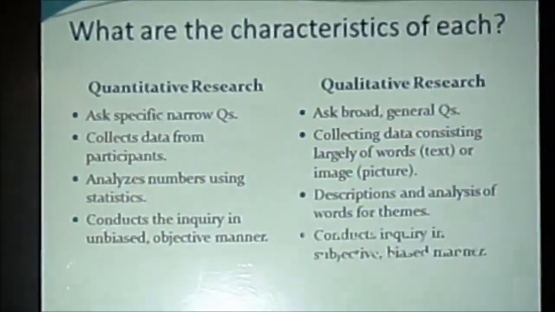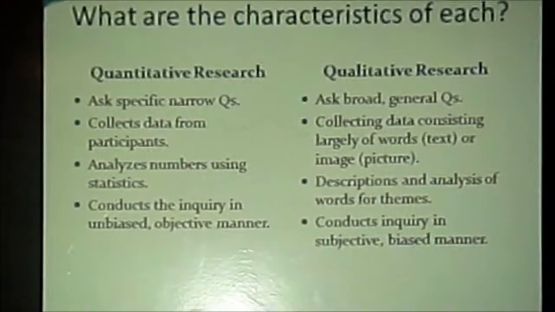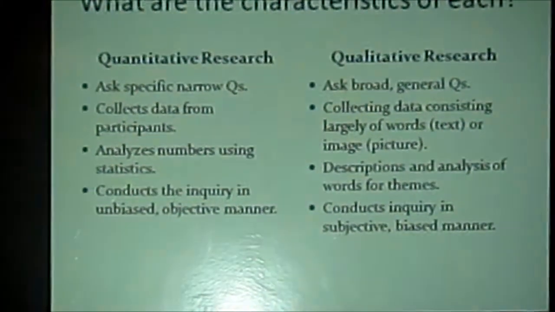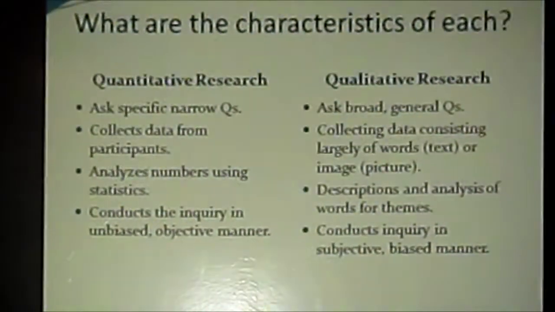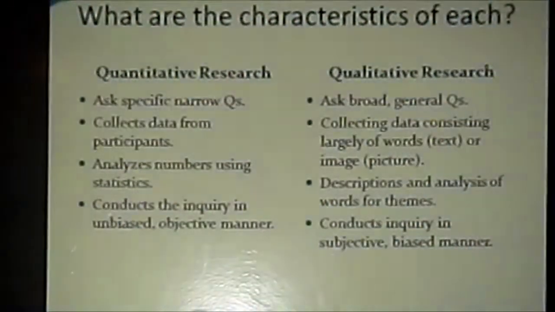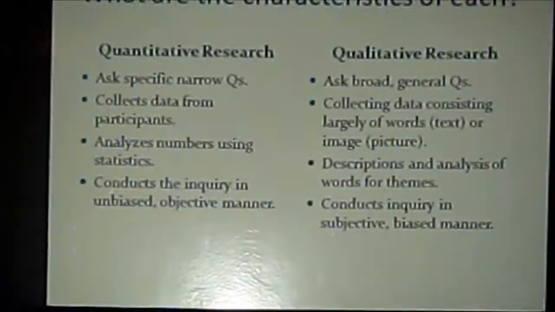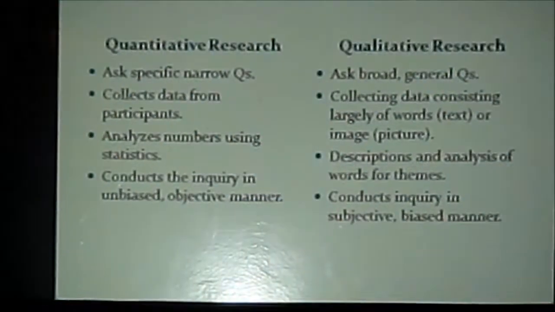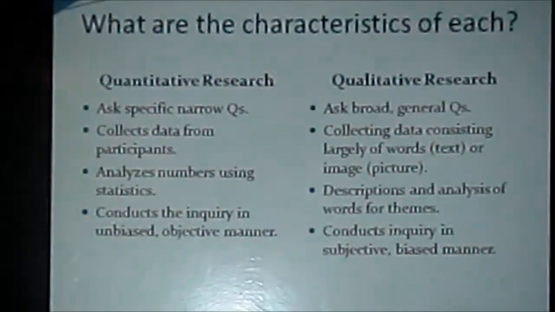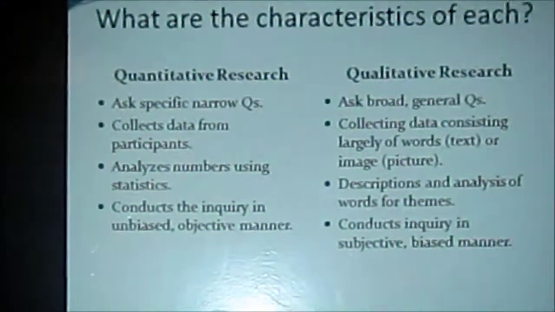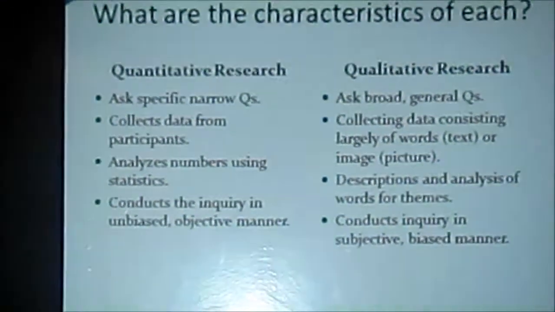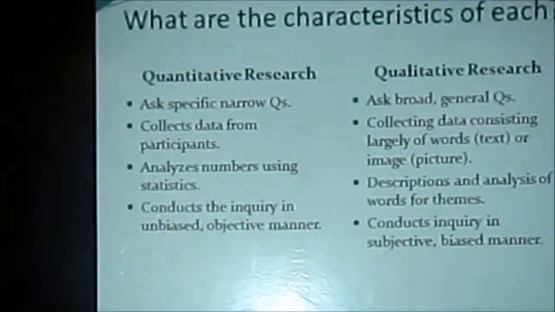However, in qualitative research, we generally speaking ask broad and general questions. Then we collect data from texts, from images, from documents after reading them. Then we describe and analyze the contents of what we have already collected or read.